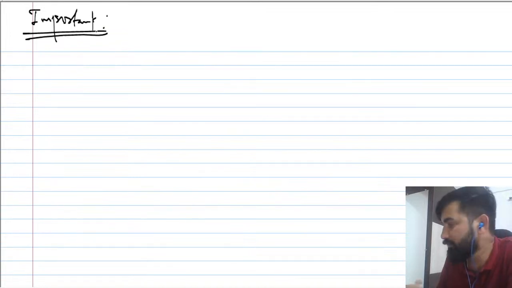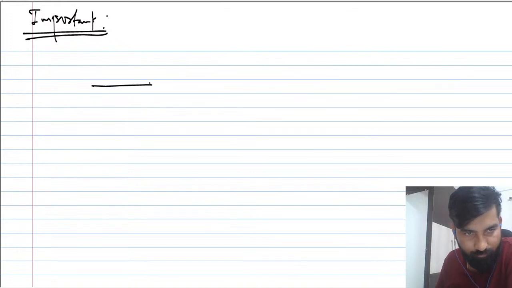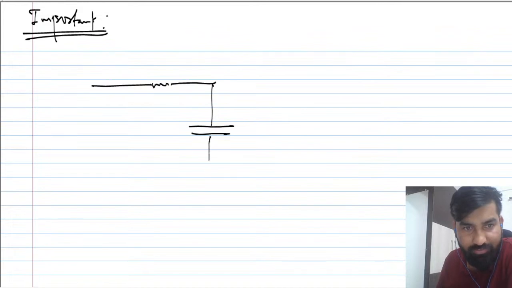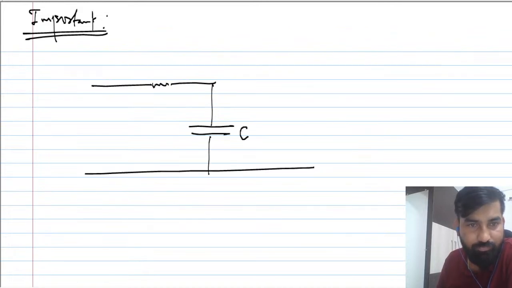Now let us take one more important case. What is that important case that you have to understand? Suppose we are connecting this R, this capacitance C, and there is one more capacitance we can connect here.